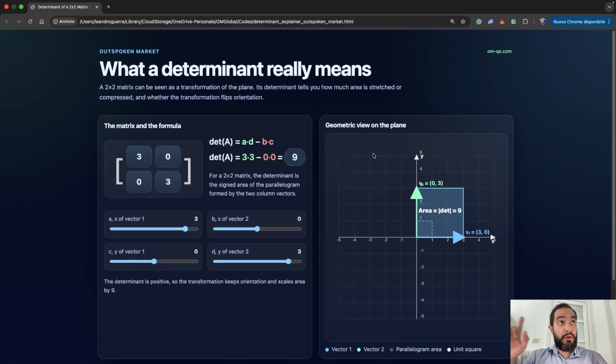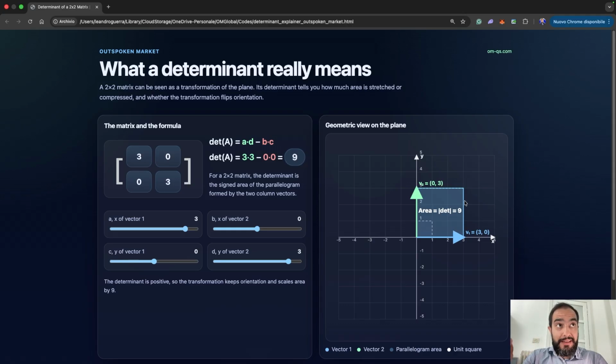It consists of a vector 1, the blue vector over here, that has 3 for the x-axis and 0 for the y-axis. And then another vector, 0 for the x-axis and 3 for the y-axis, that is the green one. If we take the determinant of the matrix composed by these two vectors, we have the value of 9.